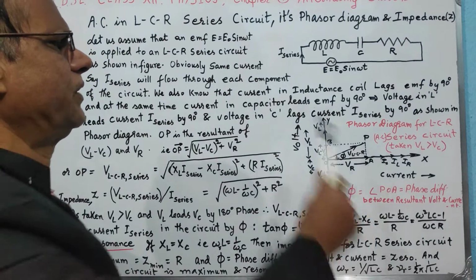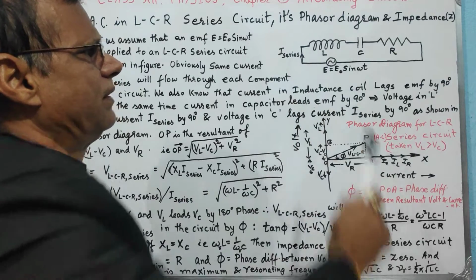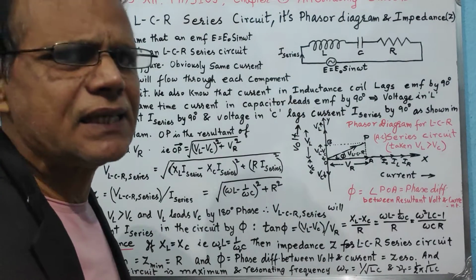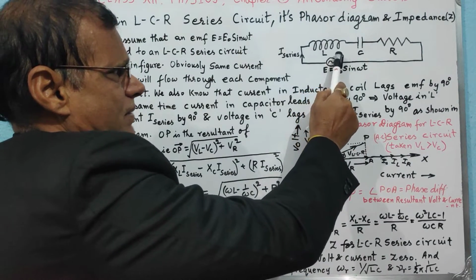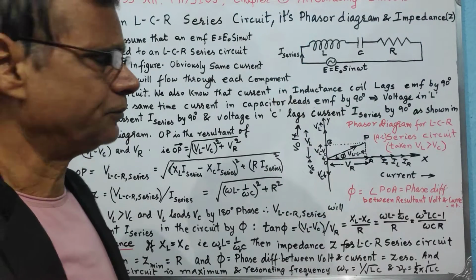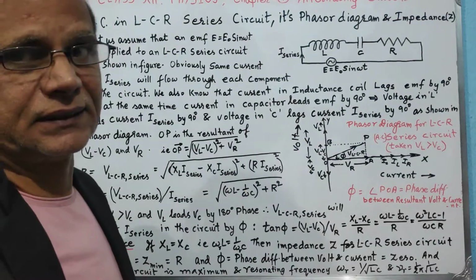Now if we have stated that the current IL lags EMF in the inductance coil, that statement can be restated as EMF leads current IL.